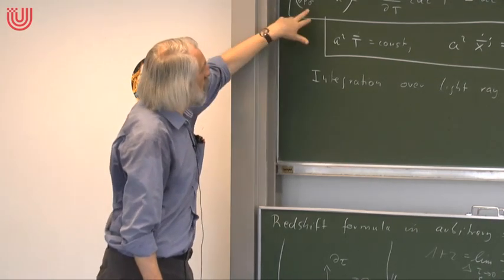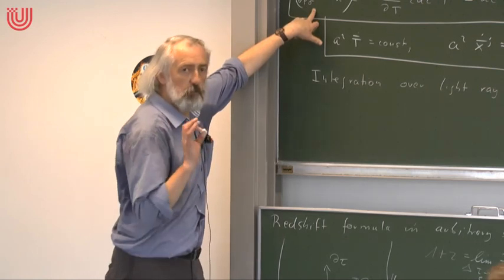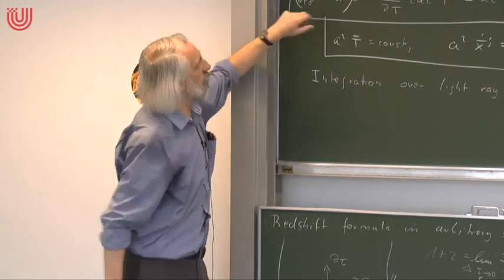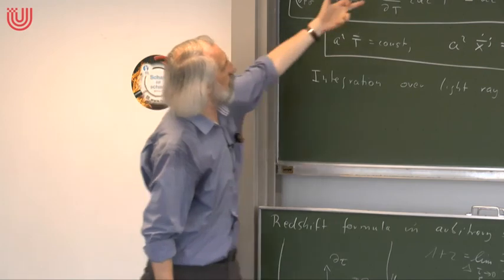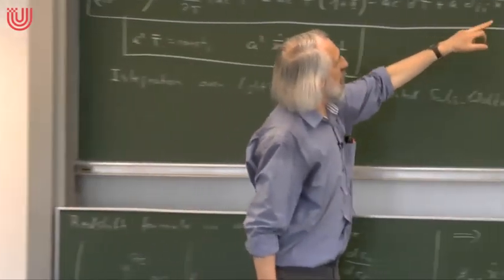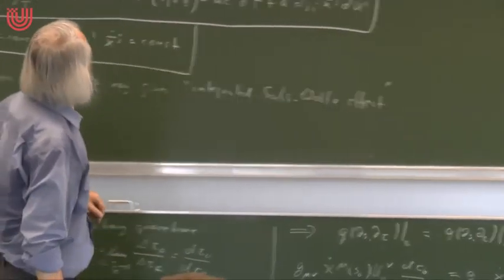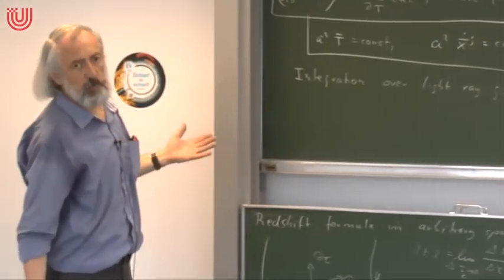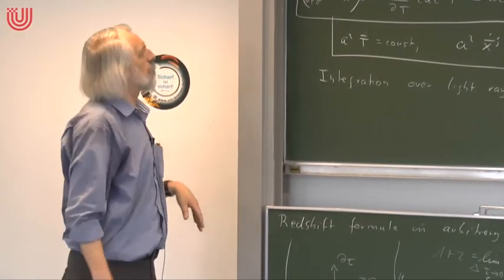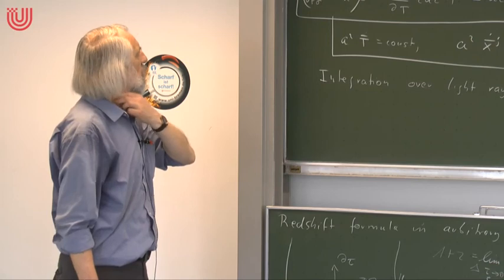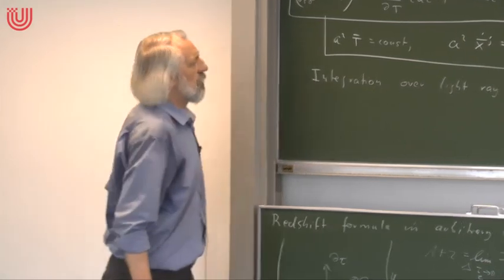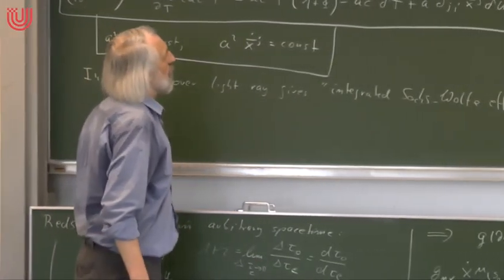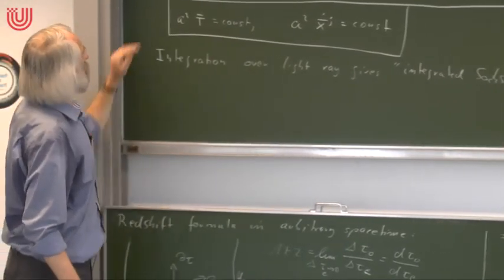Yeah, if we know the redshift along each light ray, the redshift of each photon, how this is affected by the space-time geometry, by the phi, and by the variation of the velocity field, then we know how the cosmic background radiation changes. So that's why this is so important. So this is what we will do next Tuesday.